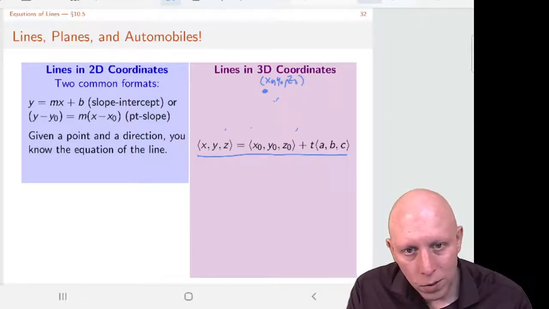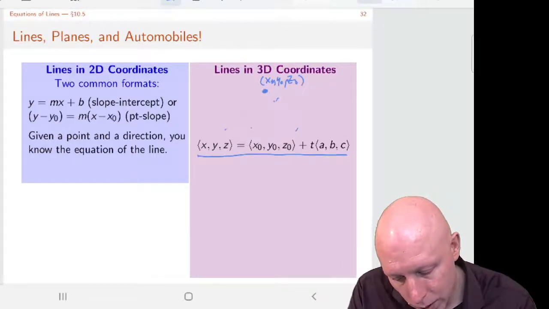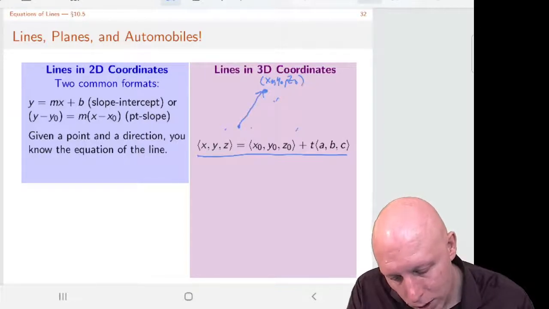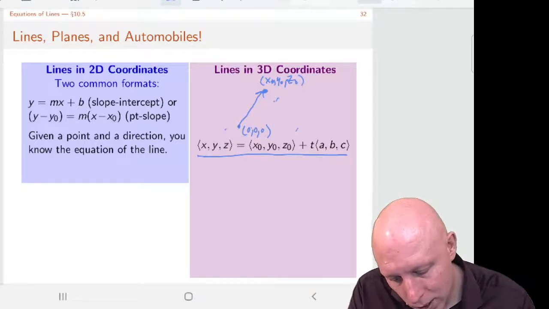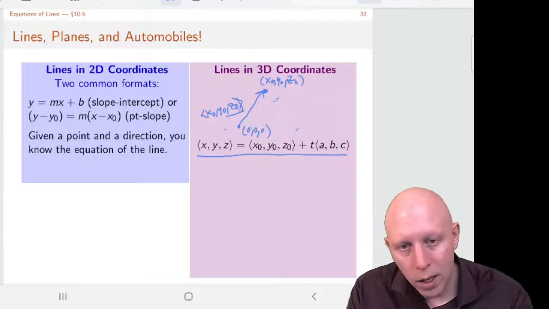But we can also think of this as a vector from the origin, 0, 0, 0, to x naught, y naught, z naught, and this vector is x naught, y naught, z naught.